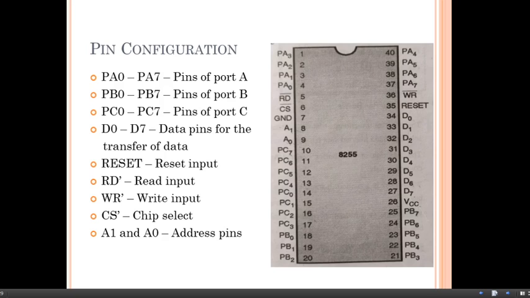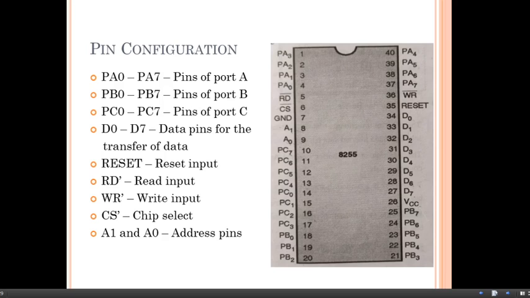Means here, if both A0 and A1 pins are 00, our port A will be selected. When A0 is 0 and A1 is 1, in this case what will happen? Port C will be selected.